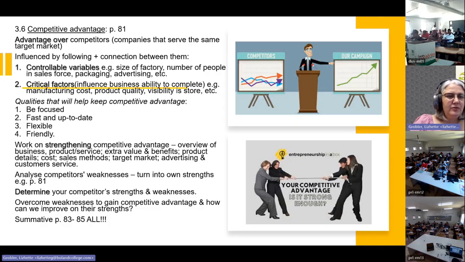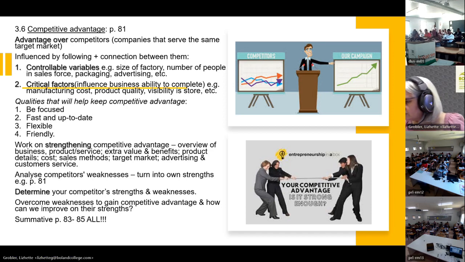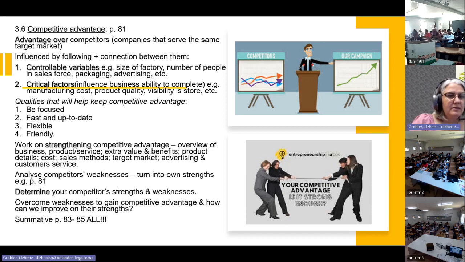They will be influenced by the following things that will actually be important. First one is that must be controllable variables. And that is then the size of the factors, the number of people in the sales force, meaning your staff members, salespeople.